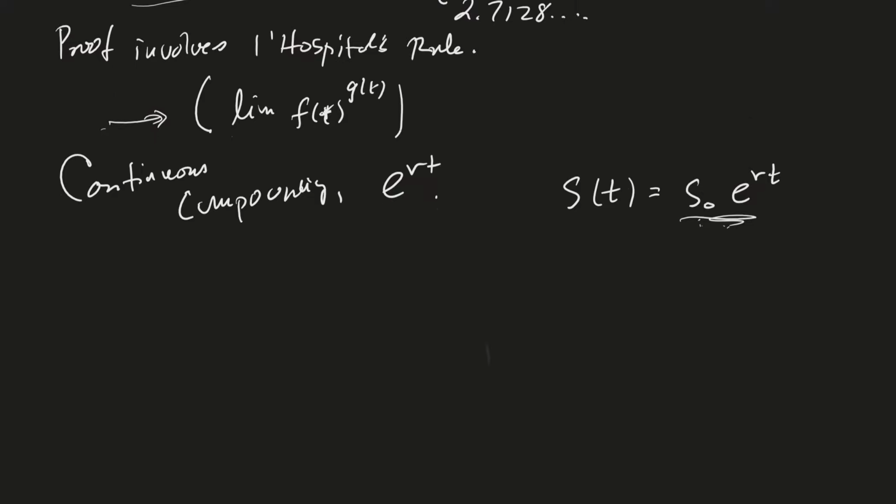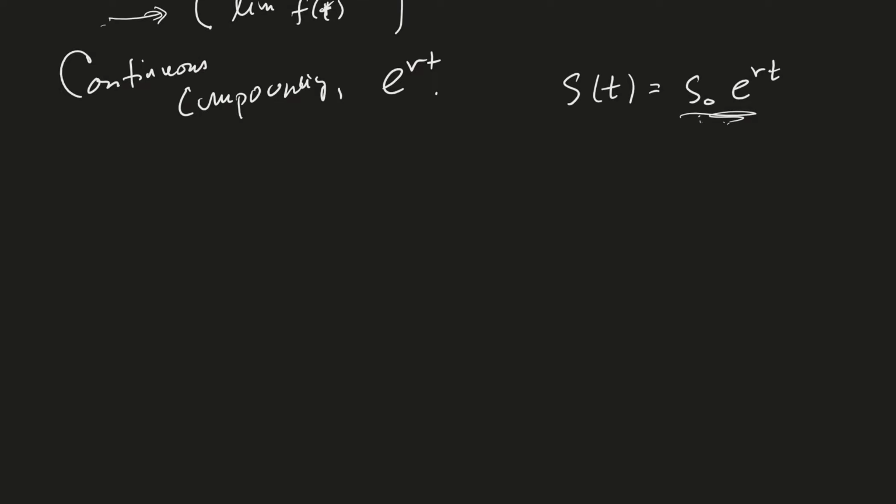So let's go ahead and write down what our model is. Model for money. Getting excited. It's going to be ds/dt is equal to, what's coming in is the interest rate times our amount, right?